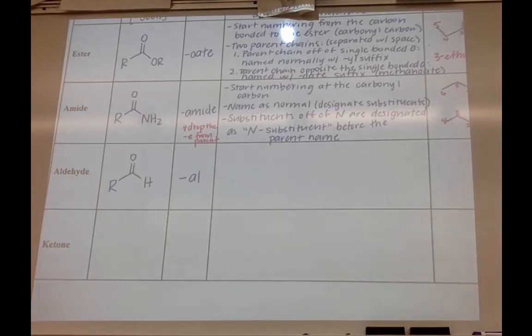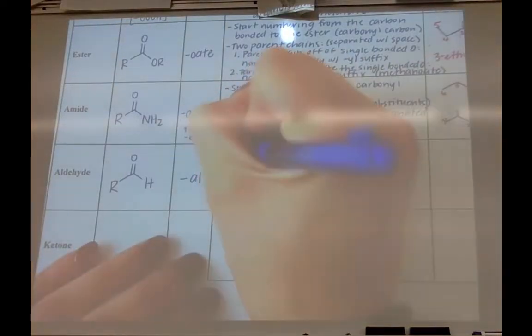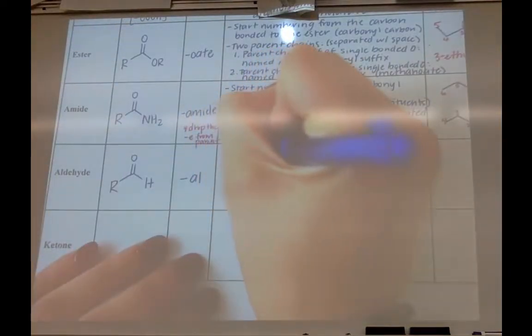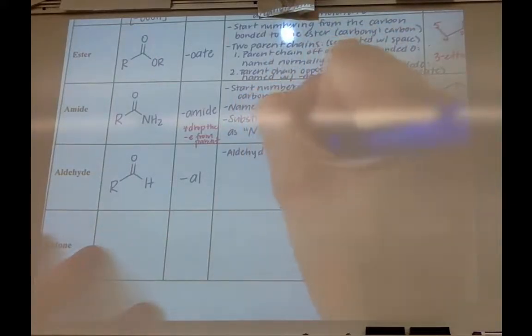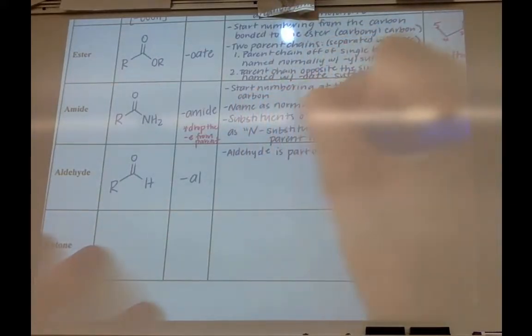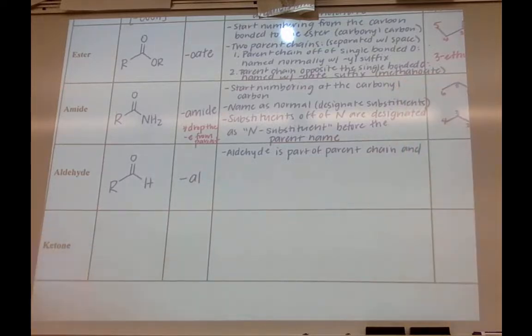So when it comes to naming aldehydes, the aldehyde is part of the parent chain. And just like everything so far, what number has the carbonyl carbon been? 1.